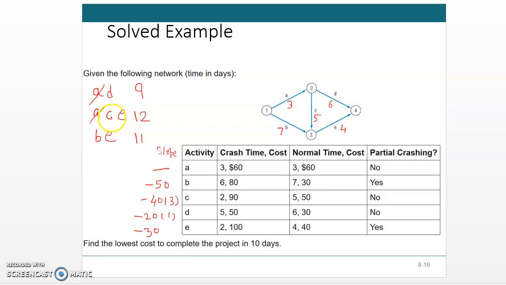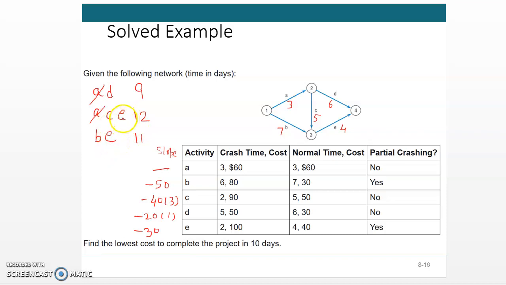Even if we choose C, its duration will be reduced by 3 days, and then this path will be 9 days, so this one is 11 days, so we have to reduce the duration from here by 1 day, maybe for B or E. So it will be a costly option.